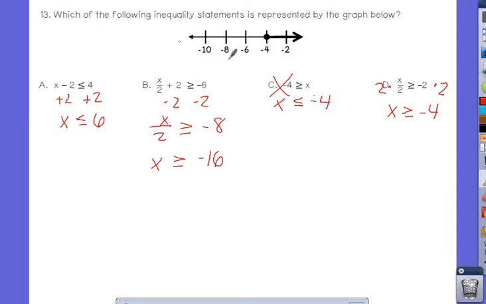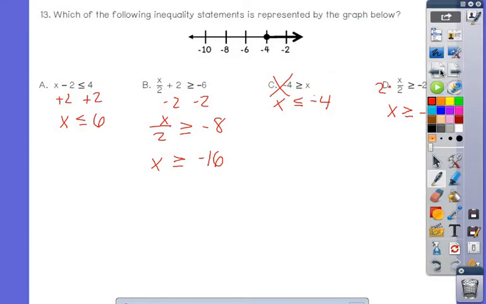There's not even a negative 16 on the graph. This one was pointed the wrong direction. The variable was not listed first, so it could not have been this answer. When solving this one, I would get x is greater than or equal to -4. Values that were bigger than -4 were to the right, so it had to be option D.